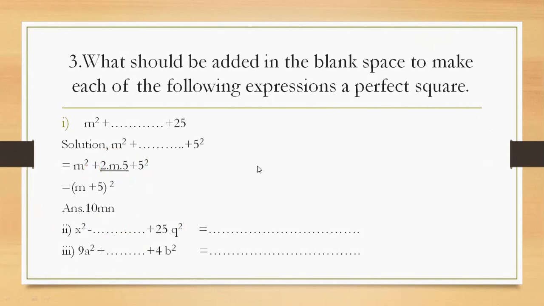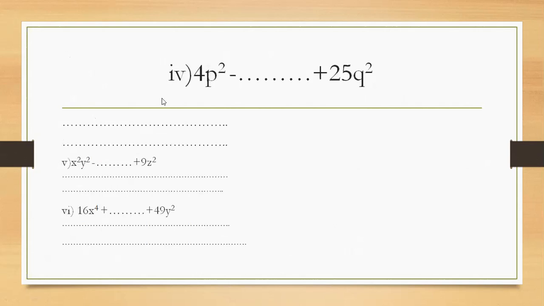Now, similarly, here also we can do it. First of all, make this a square, the last b square, then make the middle 2ab. Multiply them, and whatever answer comes, we have to fill in there.